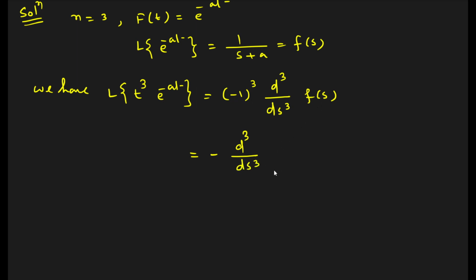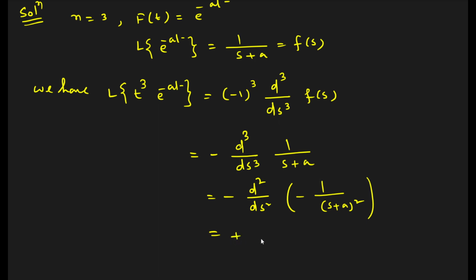And what is our f of s? F of s is 1 by s plus a. So we have to differentiate it thrice. If we differentiate it once, then what will we get? This is of the form 1 by x. It's minus 1 by x square. So minus minus plus.